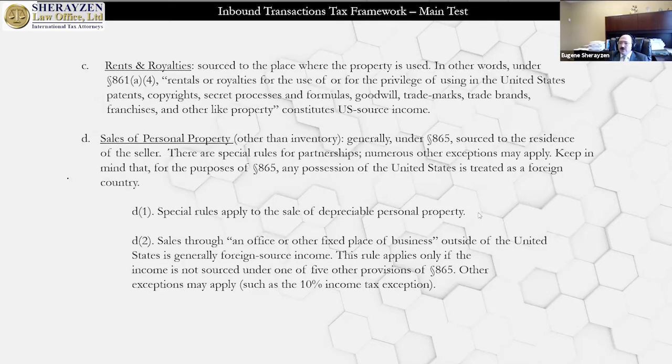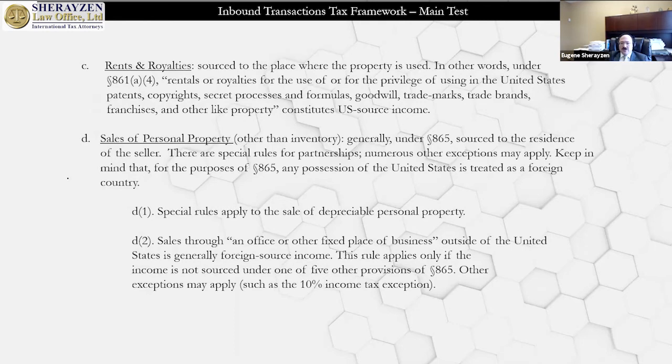All right, rents and royalties. Sourced to the place where the property is used. This rule is going to be very important with respect to tax planning that involves intellectual property. Sales of personal property are extremely complex because you really have to dig into the facts of the case.